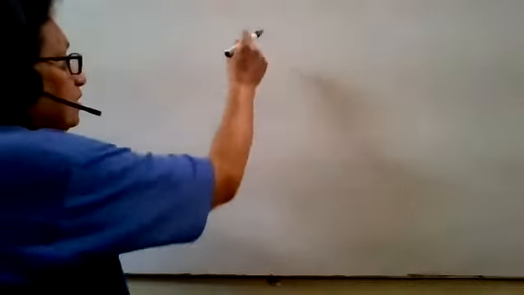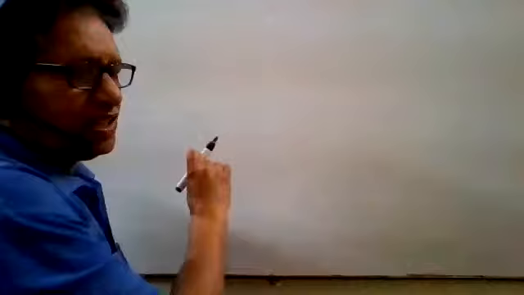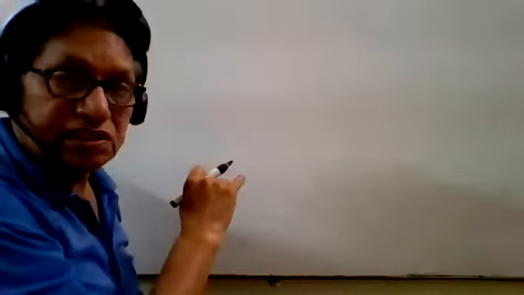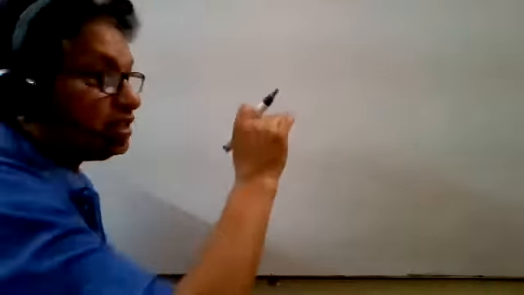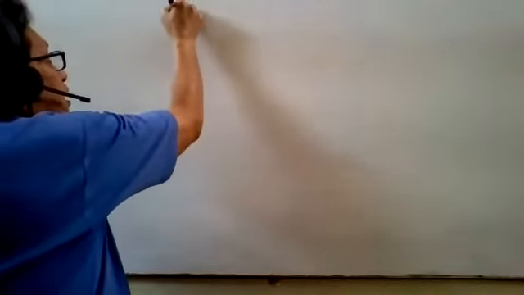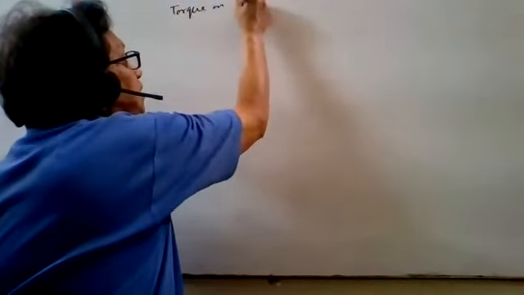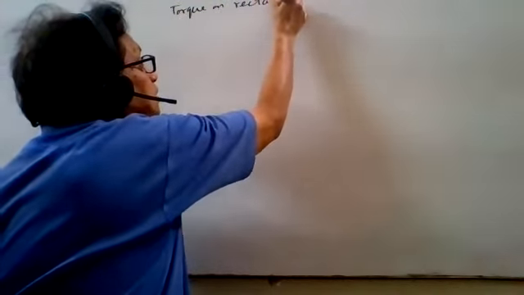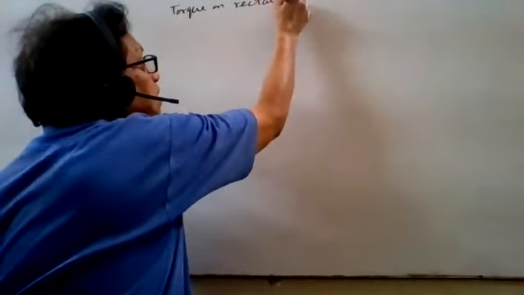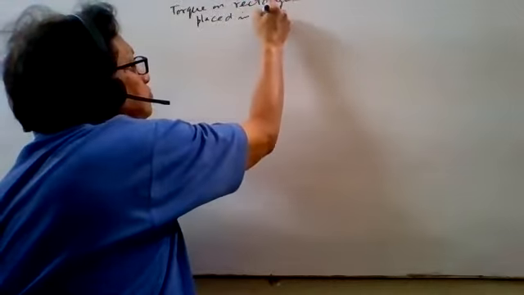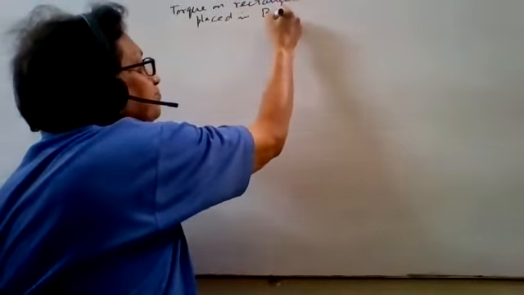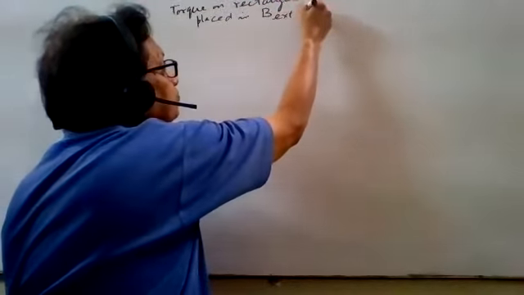Okay, so this is additional information, or the derivation is there, before discussing the moving coil galvanometer. So torque on a rectangular coil, the shape may be any, placed in an external uniform magnetic field.